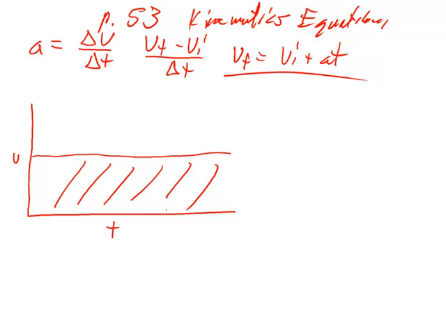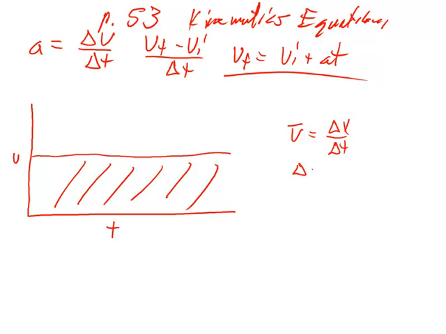Y'all remember your 9th grade physical science? No? That's okay. That's why you're here. Remember this little 9th grade equation? Remember how to find the average velocity? It's change in x over t.